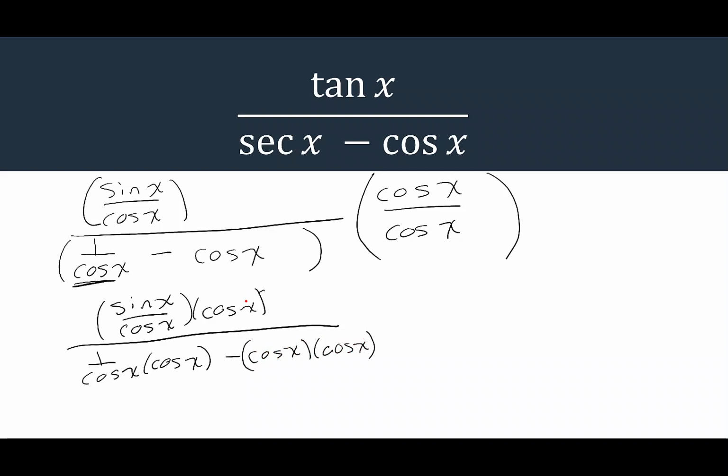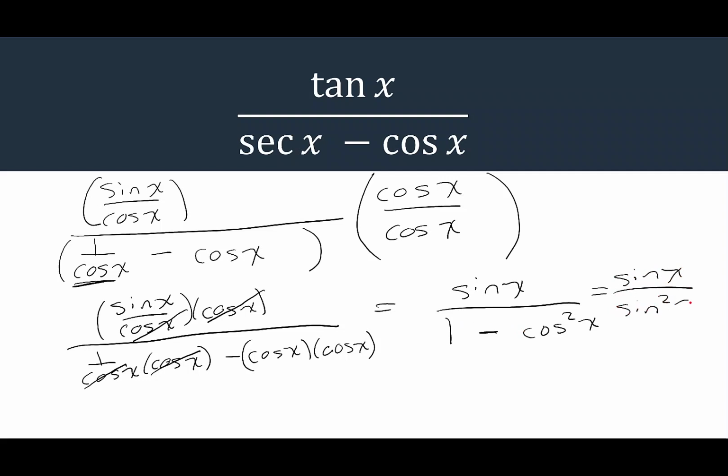In the numerator, the cosines cancel, and I have sine of x. Looking at the denominator, cosine x cancels cosine x, I have 1. Cosine x times cosine x is cosine squared x, and I have a minus sign between the two terms. The numerator stays as sine x, and we learned earlier that 1 minus cosine squared x is sine squared x.